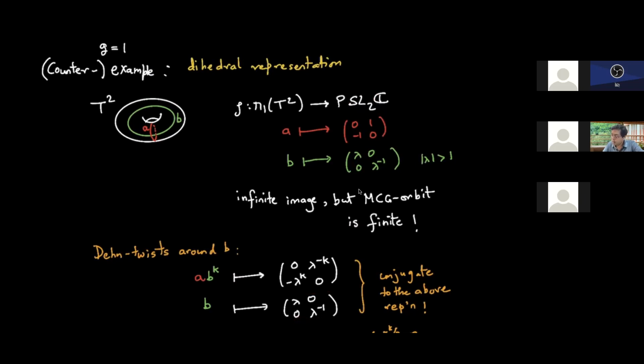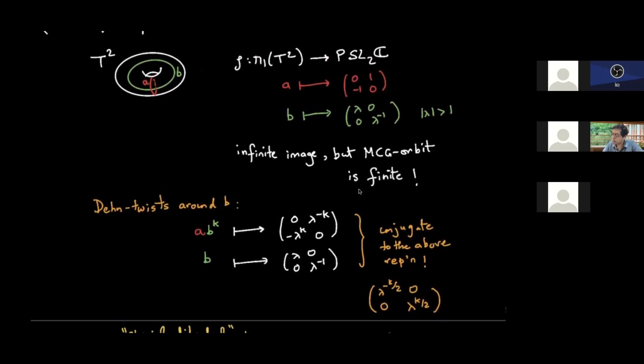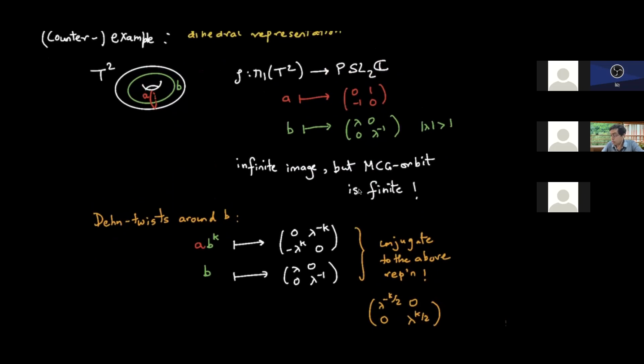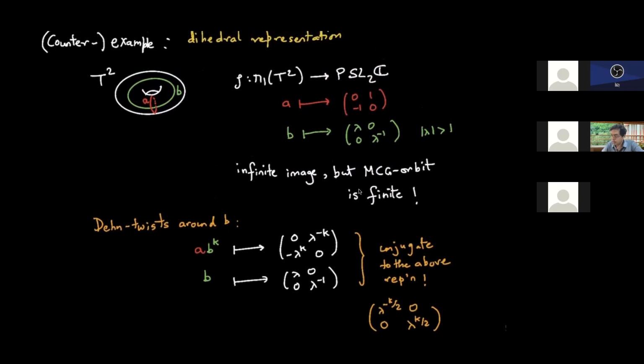You might be worried that as K tends to infinity these matrices seemingly diverge, but it turns out these are conjugate to the representation rho above. This conjugation is via this diagonal matrix, if I've done my calculation correctly while preparing for the talk. So this is an example of a counterexample in genus 1.